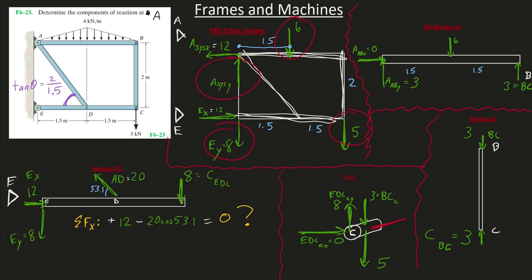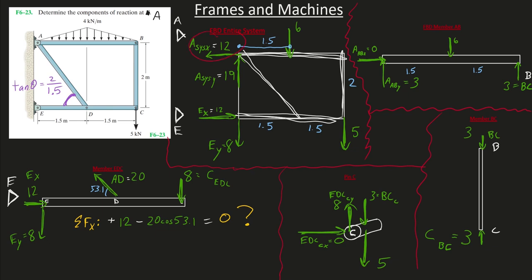This guy needs to be 19 going up for there to be force balance in the Y. So that'll be my other reaction. So the force from pin A on my system in the Y will equal 19, and it's in the positive Y direction.